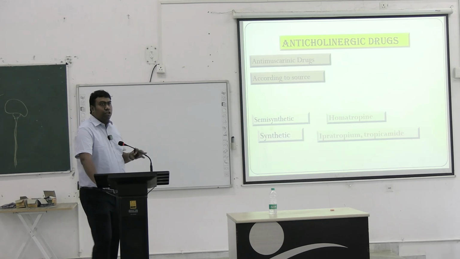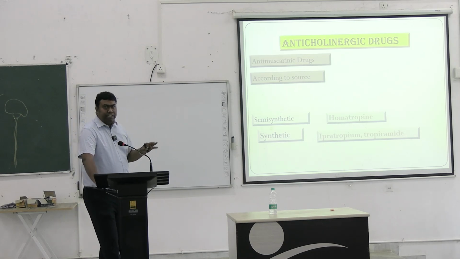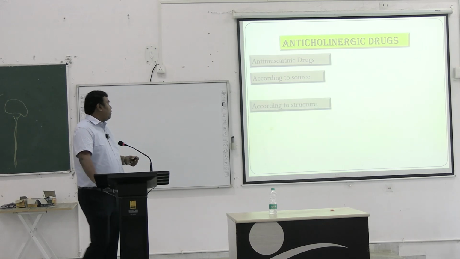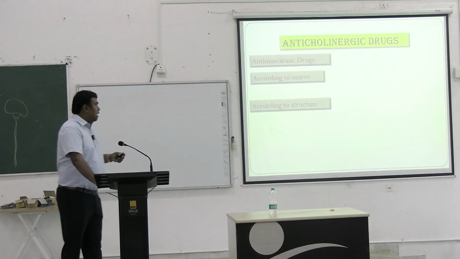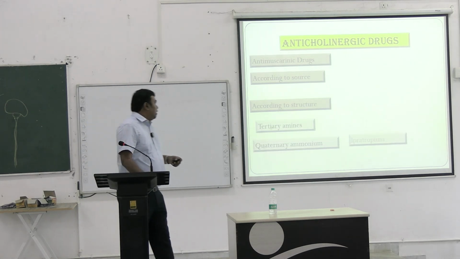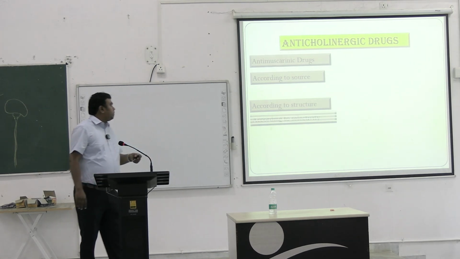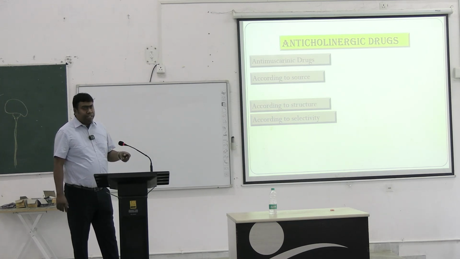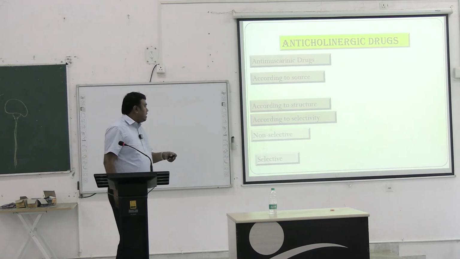So if you classify, it is natural, semi-synthetic and synthetic. Then according to structure, it is quaternary and tertiary. Ipratropium is a quaternary. According to selectivity, it is non-selective and selective.